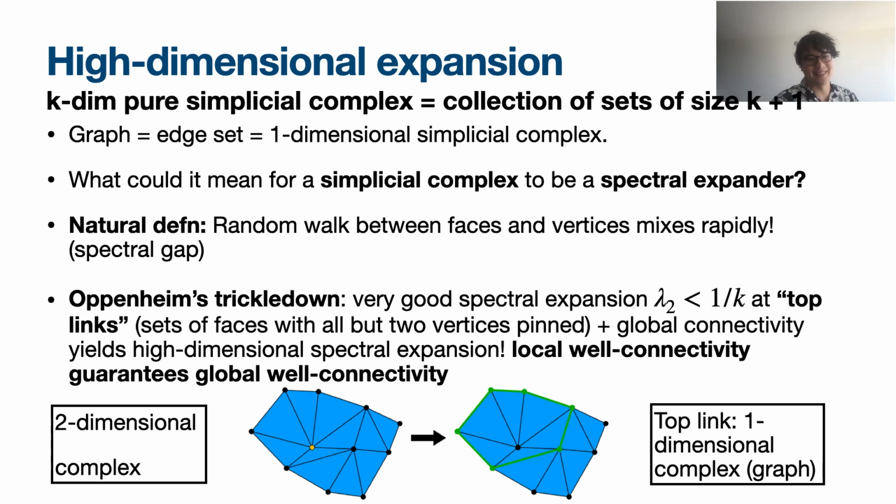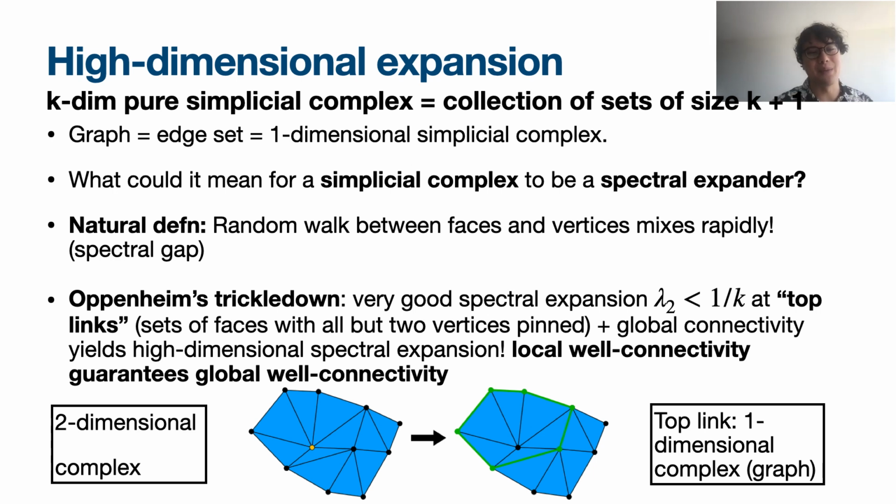Maybe the picture is more helpful. If you look at natural walks on the faces that are next to each other, those are really, really good expanders, those walks mix really fast.